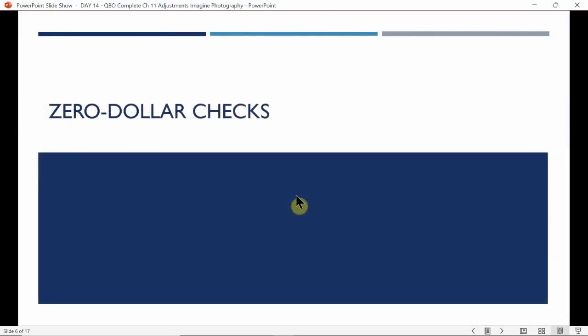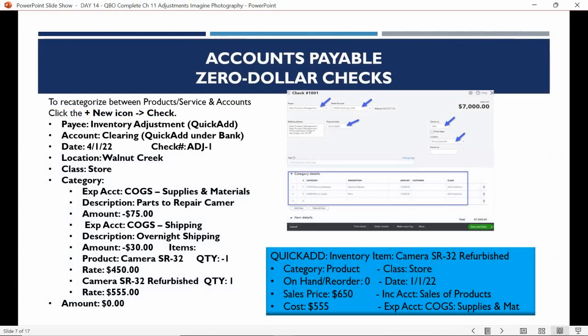Now, I'm also going to teach you how to do a $0 check. The difference between a $0 check and a journal entry is that journal entries are only made to recategorize from account to account. $0 checks allow you to transfer information from products and services lists.